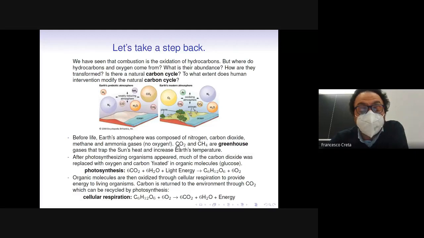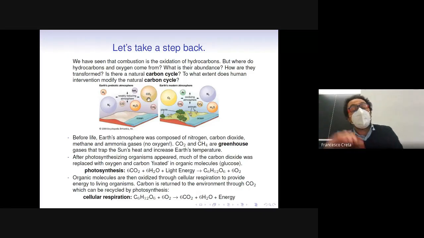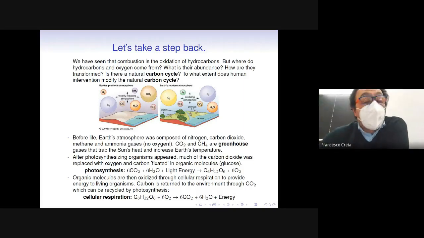It will take the originally present CO2 in the atmosphere, and with the input of external energy in the form of light from the sun, it will fixate, okay, the carbon atom in organic molecules.